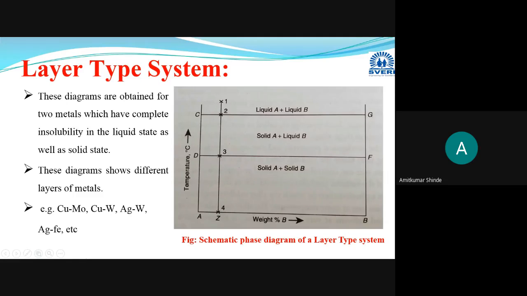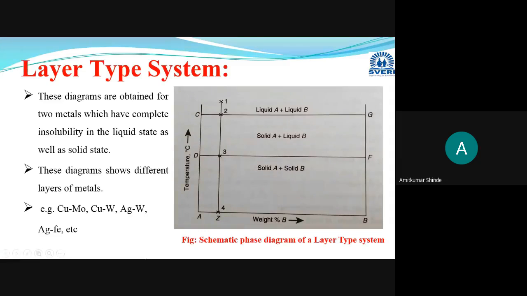In the previous example, if you are wearing gold ornaments and some amount of silver is added, you cannot see that silver clearly. But if you are wearing silver ornaments having silver and iron, that silver and iron will be clearly visible. That is the example of the layer type system, silver and iron.